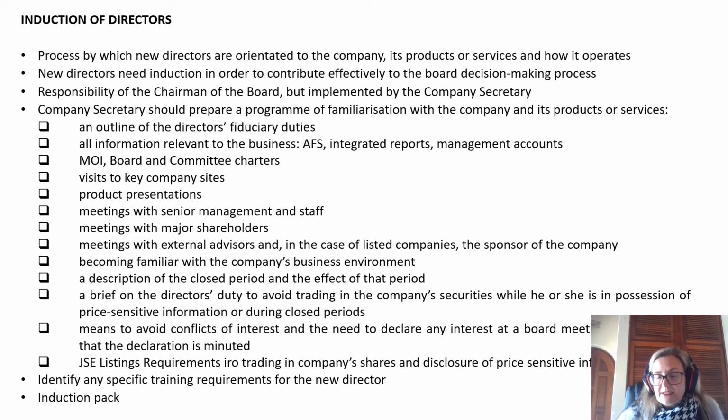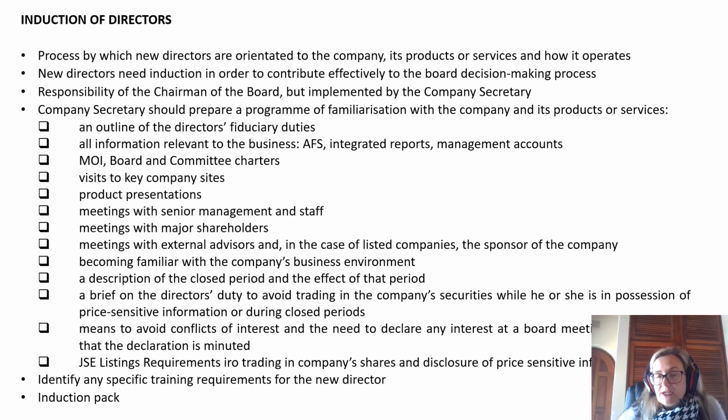If you are in a listed environment, you need to be able to explain the concepts of closed periods, and the effect of those closed periods, when directors may and may not trade. And going on to the next bullet point, the director's duty to avoid trading in the company's shares while they are in possession of price sensitive information and during those closed periods.